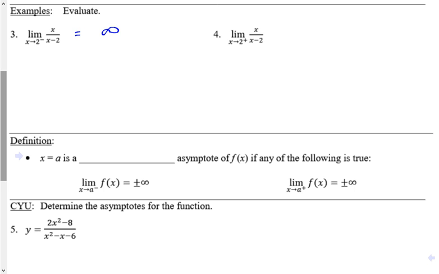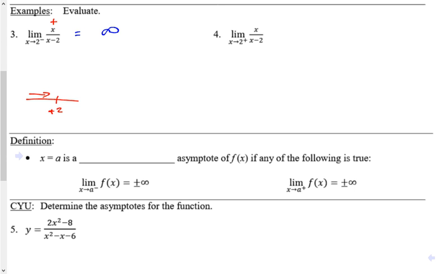But I do want to think about, is it positive infinity or negative infinity? So the way we thought this through was to say, well, if I'm approaching positive 2, my numerator is a positive number. In the denominator, if I'm approaching 2 from the left, so here's my number line, there's my 2, I'm coming from this side, I'm slightly smaller than 2.